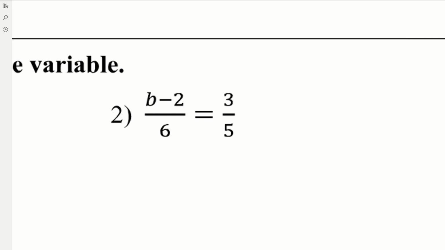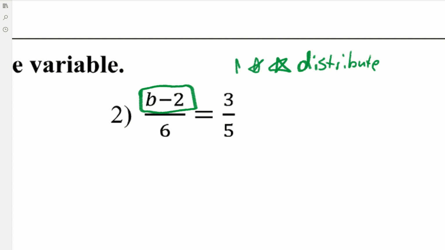Okay, so in this example, we're going to cross multiply again, but I want you to seriously star this. Do you see how this is a binomial here? We have b minus 2. It's not like it's just b by itself, but it's a binomial. You must remember to distribute in this situation, okay?